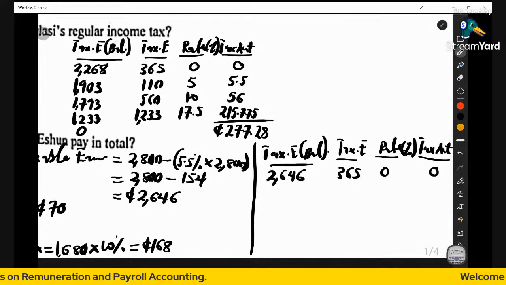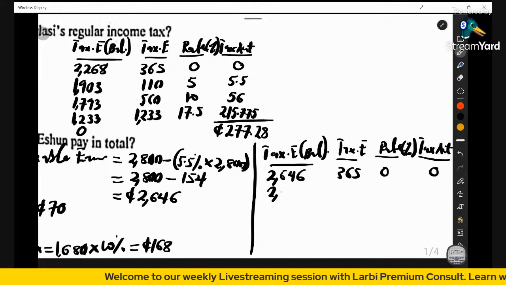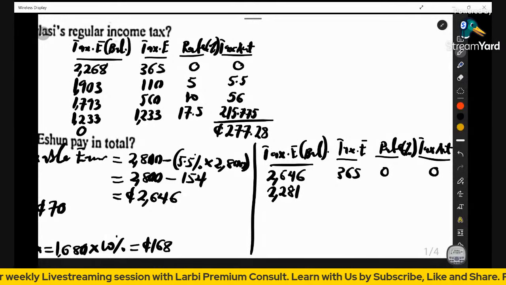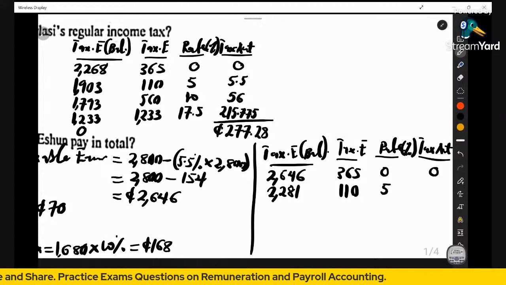That's what we're going to do to fill the other requirements. When I subtract, I had 2,281. After that, I move on to the next schedule, which is 110, at a rate of 5%. So 5% on 110 should fetch you 5.5.